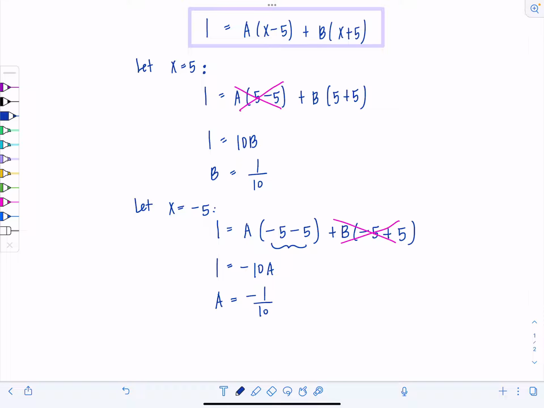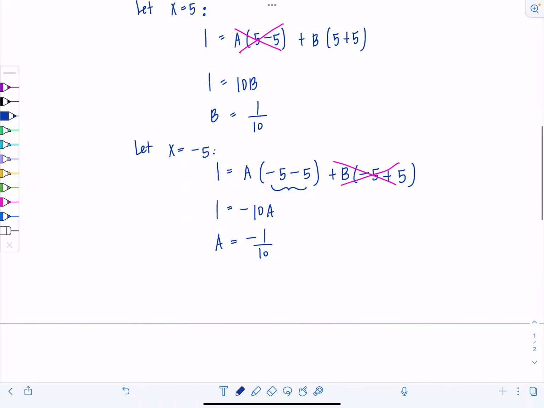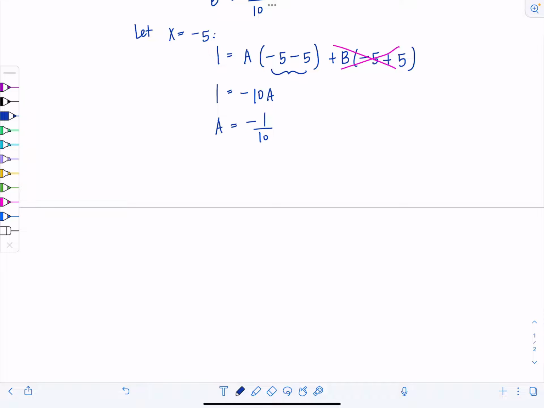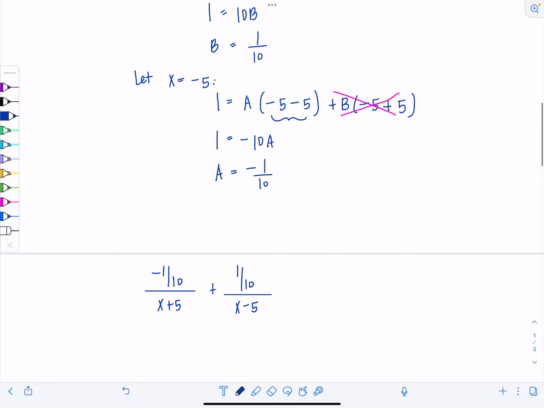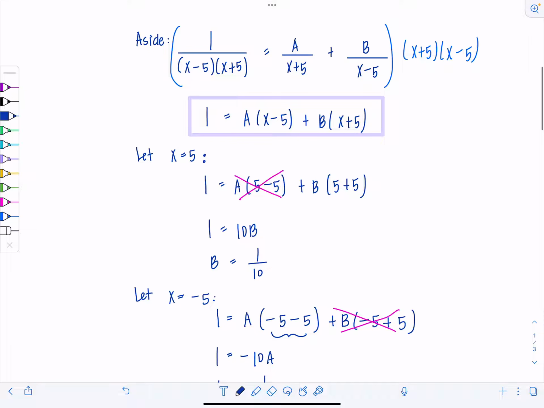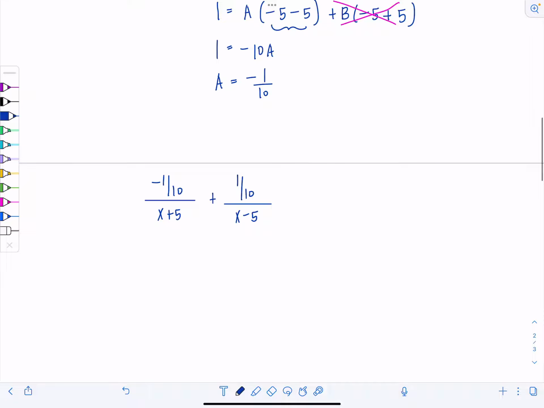All right, cool. So that means our partial fraction decomposition has the form negative 1/10 over x plus 5 plus 1/10 over x minus 5. What we could do, since I know we're going to integrate it in a second, I'll just factor out 1/10 and then I could write it as 1 over x minus 5 minus 1 over x plus 5. Doesn't that look better? I like it a lot better.